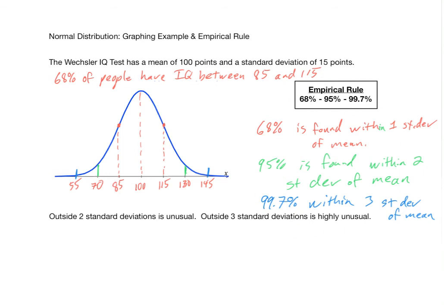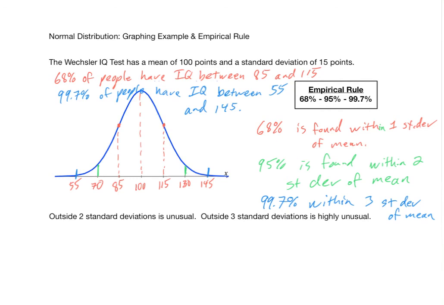If we want to be specific, that means 99.7% of people have an IQ between 55 and 145. We also could have written down that 95% of people have between 70 and 130. So this empirical rule applies to any normal curve with any scenario that uses the normal curve.